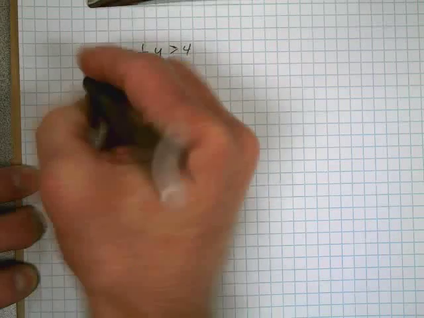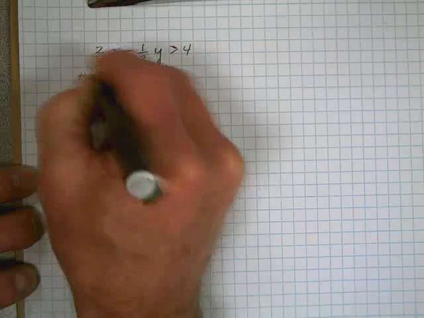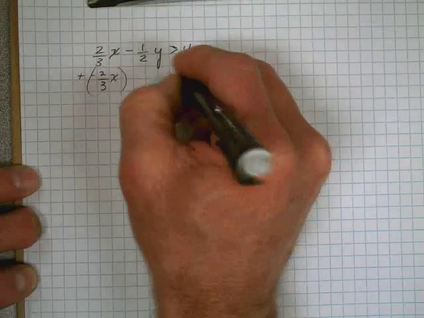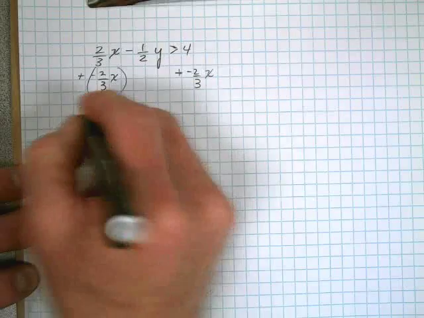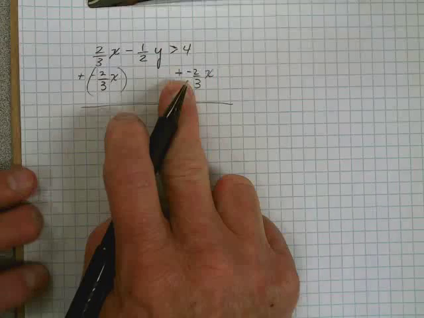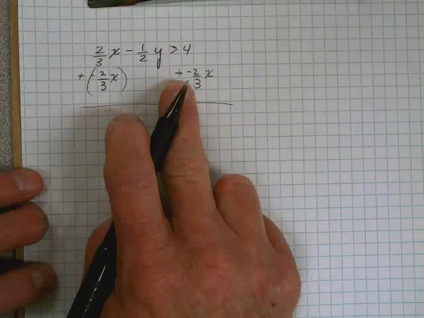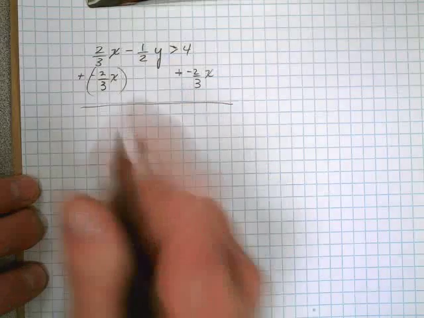So it looks like this. Add a -2/3 x to this side, and add a -2/3 x to this side, and that's the result of applying the additive identity property along with the addition property of equality.